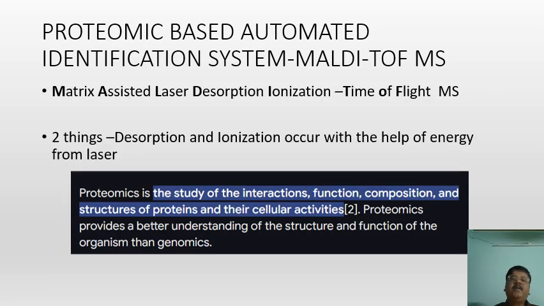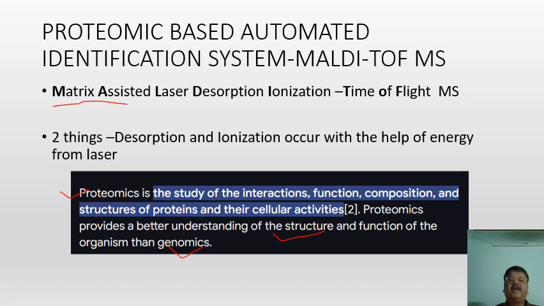Now come to the next point, that is the proteomic based automated identification system. So proteomic, as the word says, what do you mean by proteomic? Proteomic is the study of interactions, function, composition, and structures of proteins and their cellular activities. Proteomics provides better understanding of the structure and function of organism than genomics. So nowadays it has become very popular.